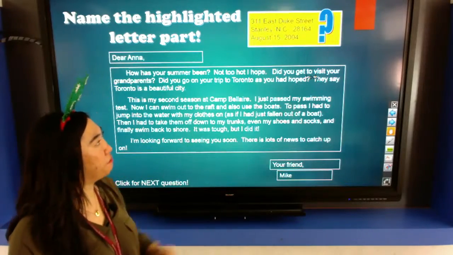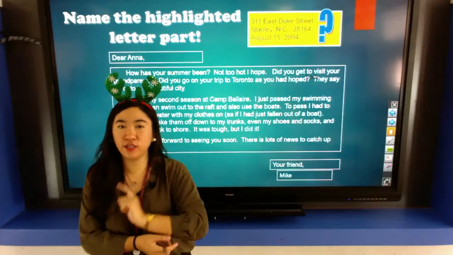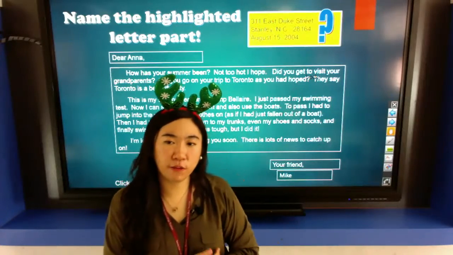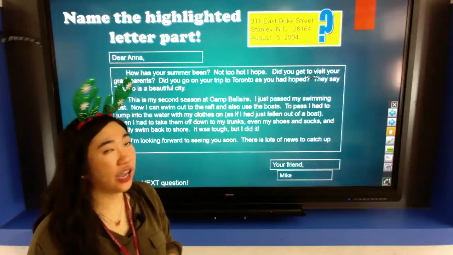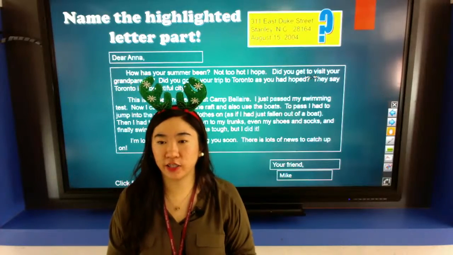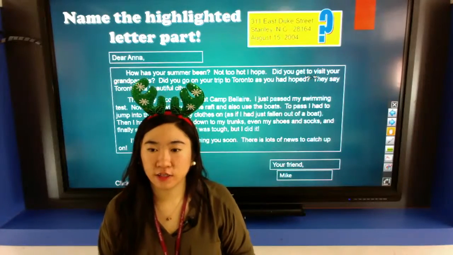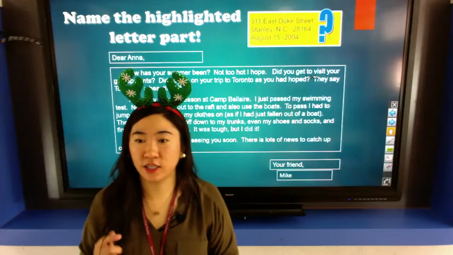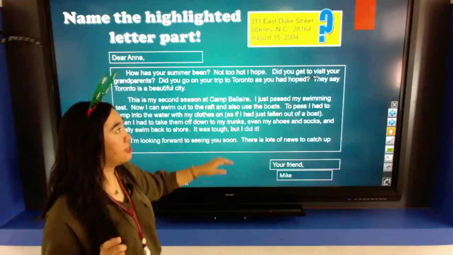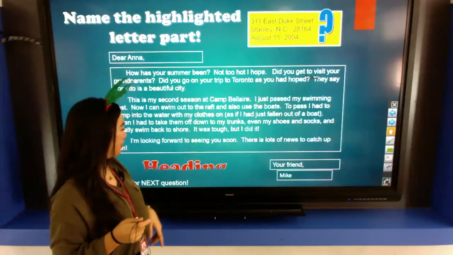The last part. Okay, this one. How about this one? The first part of an informal letter. You write here the address and the date of when you wrote your letter. What is that? It's called the what?